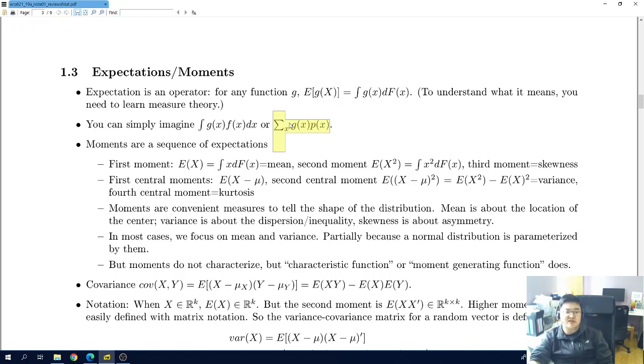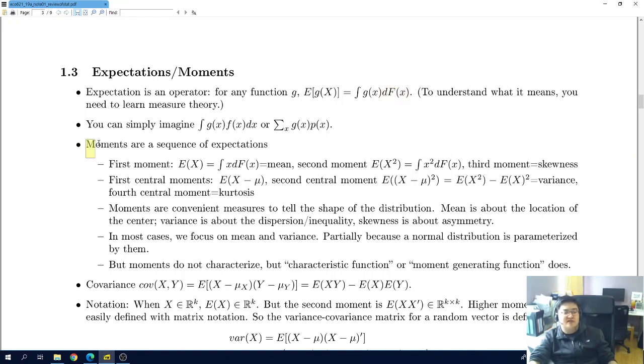For discrete variables, the value of g of x is weighted by probability mass and summed out. So this is how you calculate expected value for discrete variables, and this notation is a generalization of both because the CDF is always well defined. So to make the notation more consistent, this notation was developed. That's enough for you to understand this course.